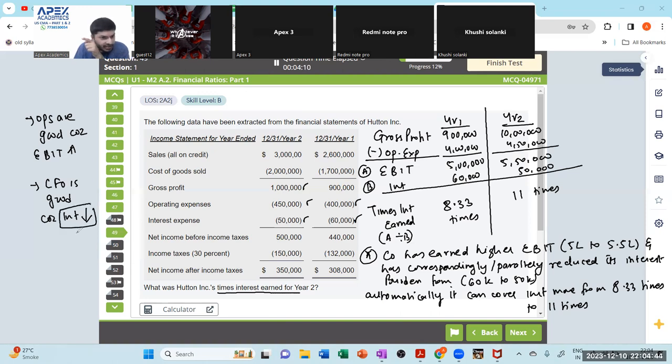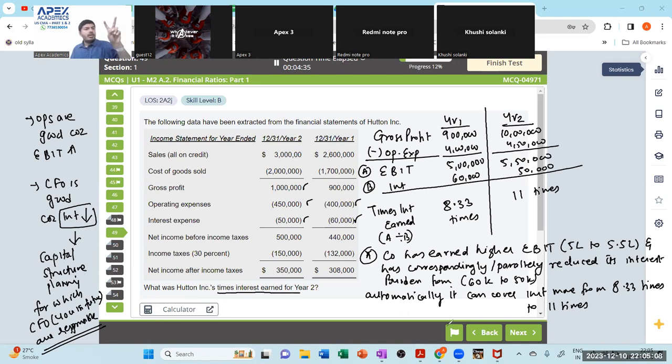Interest reduction is a part of capital structure planning, for which the CFO, that means you in future, are responsible. So here both the aspects are covered properly.